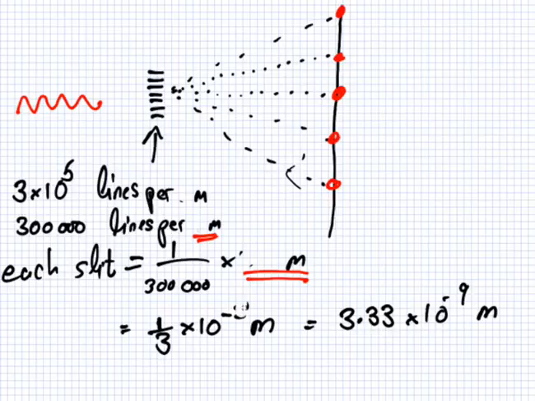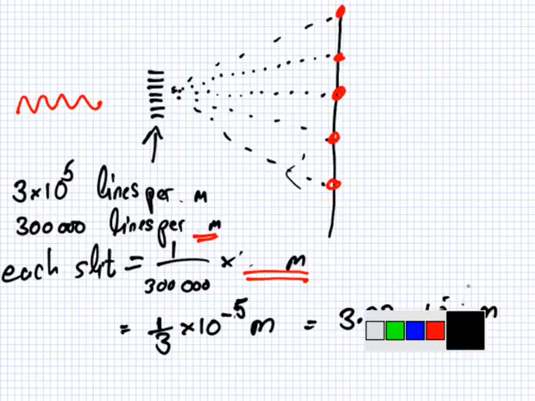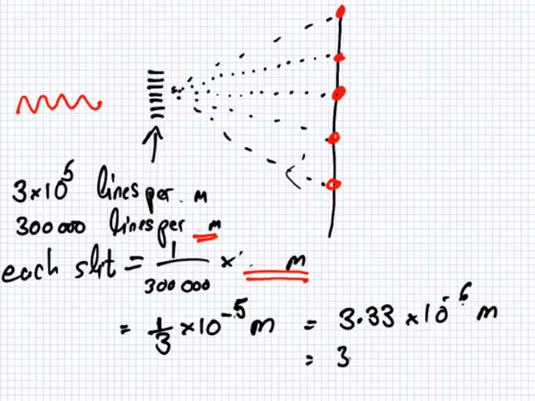I'm so sorry. Per meter. So this is gone. So this is minus 5. So this one here is minus 6. Or if you want, that's 3.33 micrometers. So that's the first part.